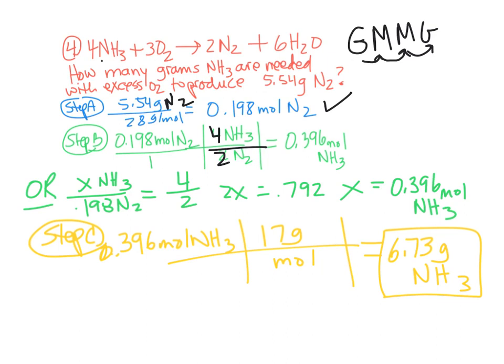I get these numbers right here from the balanced equation. I find that 0.198 moles of N2 requires 0.396 moles of NH3. The final step is to multiply by the molar mass, which is 17 for NH3. I get that it required 6.73 grams of NH3.